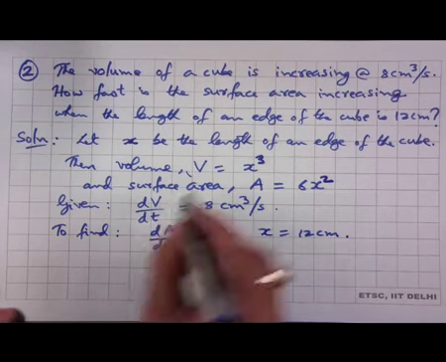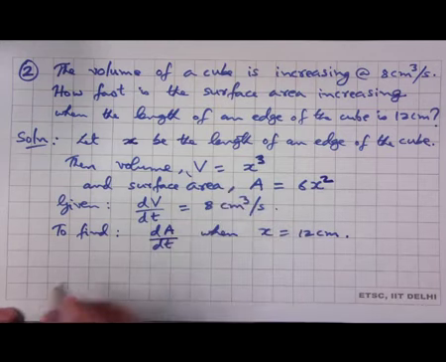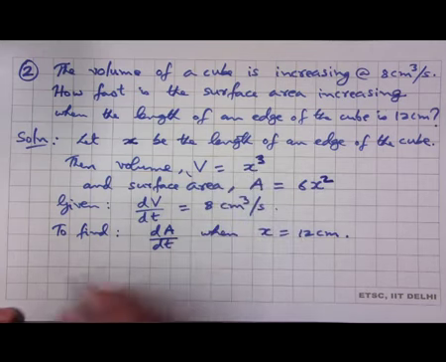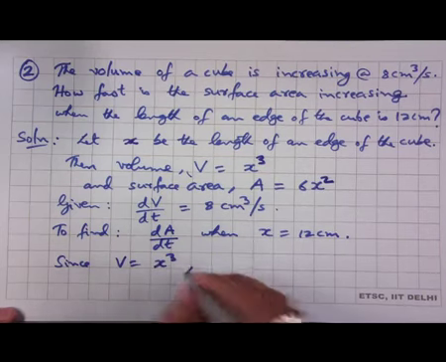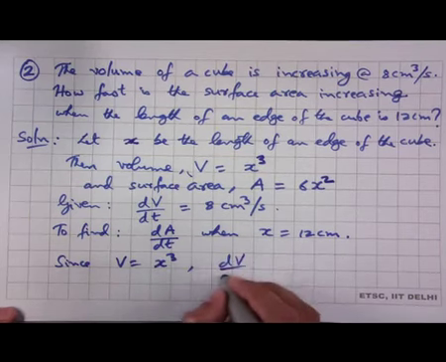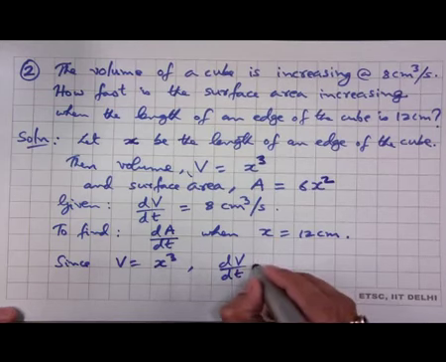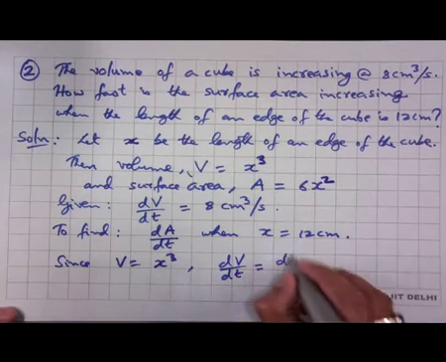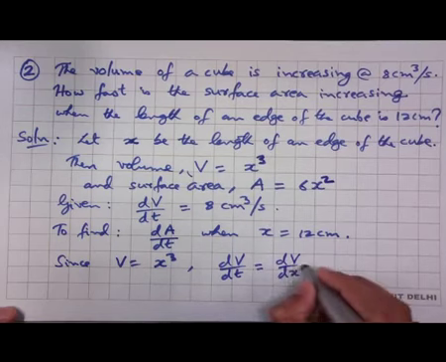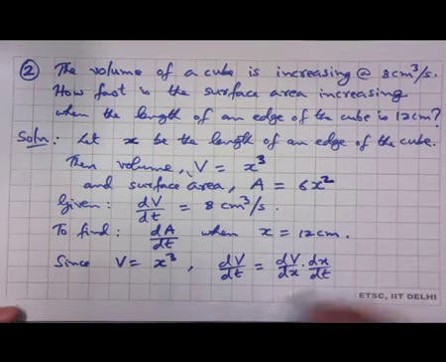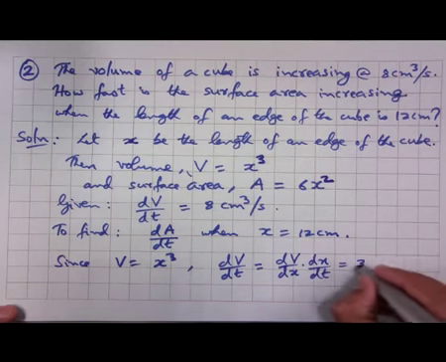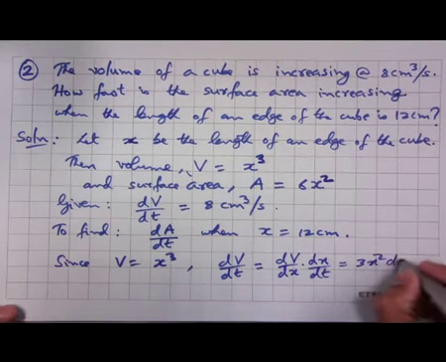So, if you look at this expression for V equal to x cubed, dV dt will be equal to dV dx times dx dt, this is by chain rule, and dV dx is 3 x square times dx dt.